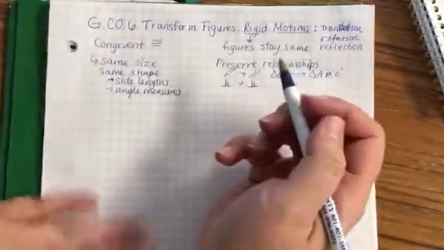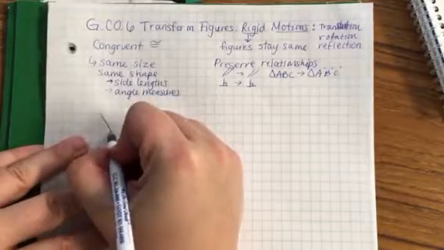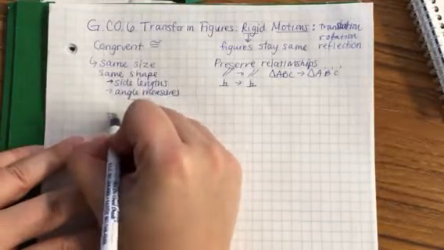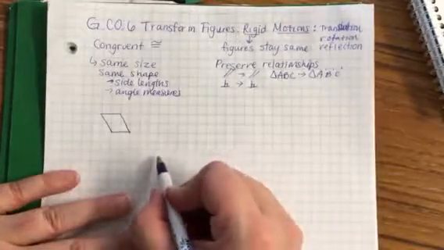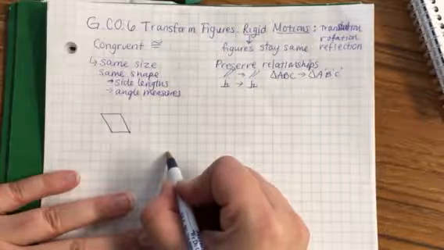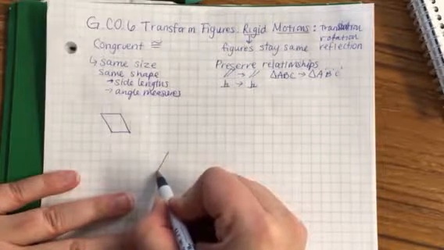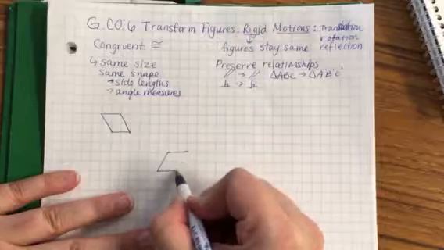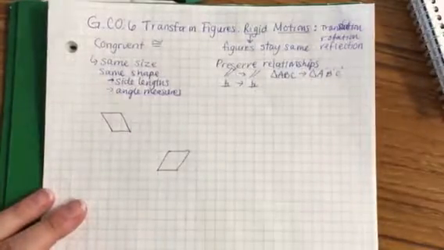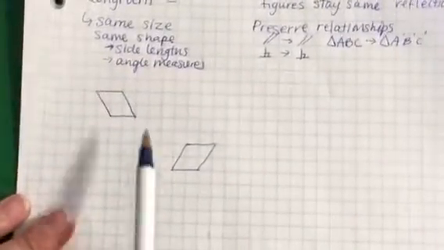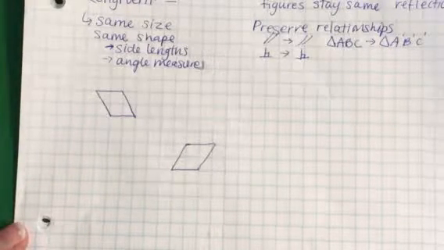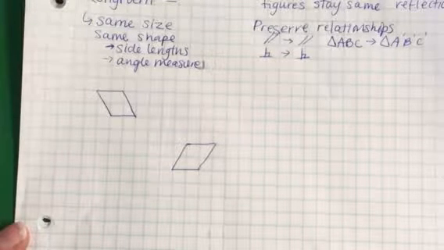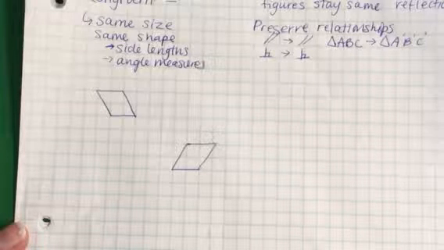If I had this figure right here, and I wanted to make it go like this, what are some of those rigid motion transformations that would move it from this one to that one? A reflection and a translation. Good. Is there anything else that could happen? Rotation and translation.